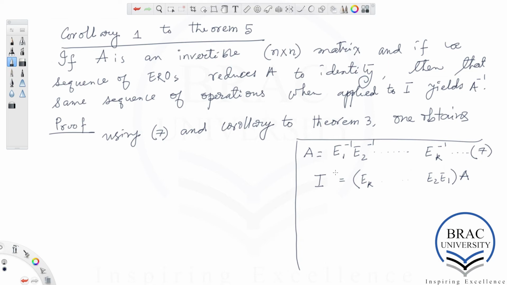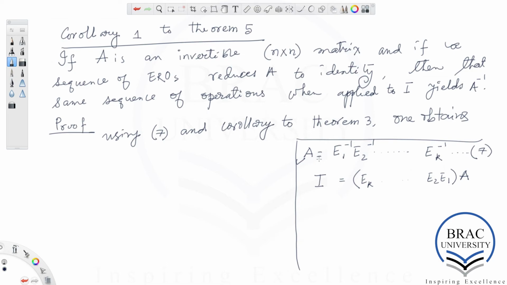This is what we had in the proof of Theorem 5. So we use this equation 7, which actually holds in the setting of Corollary 1 to Theorem 5. I mean that in the current corollary that we are trying to prove, this equation 7 holds, right?